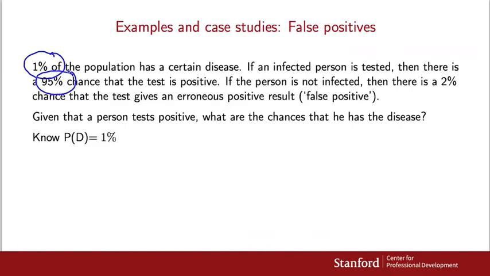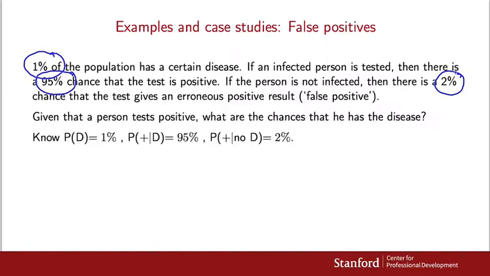That's a conditional probability, the probability of a positive test given that the disease is present. Finally, there's the 2%. That refers to the probability of a positive outcome given that the disease is not present.